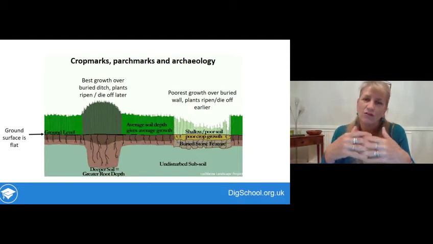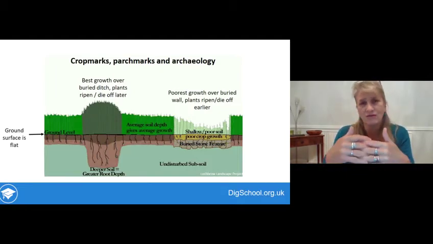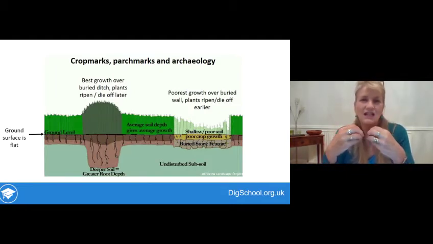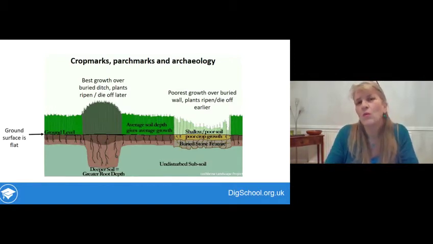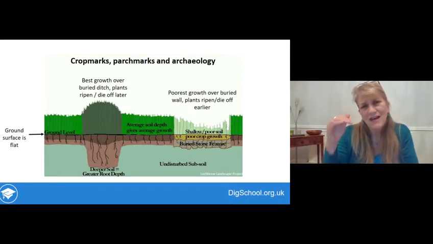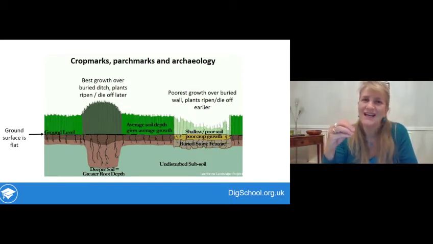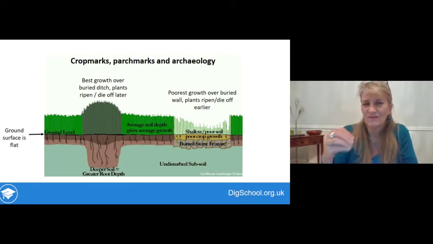So any crops or plants growing there are likely to grow lusher and stronger. On the other hand, where there's a wall buried, that's giving you a thinner layer of soil, and plants don't grow well in stone or brick walls. So there, any plants will grow less well. They'll be thinner and less well nourished.